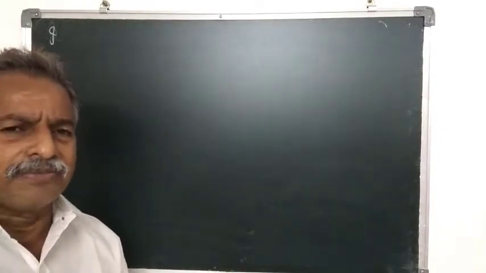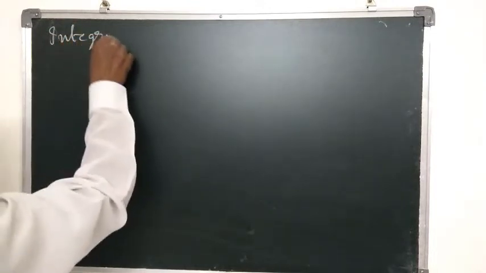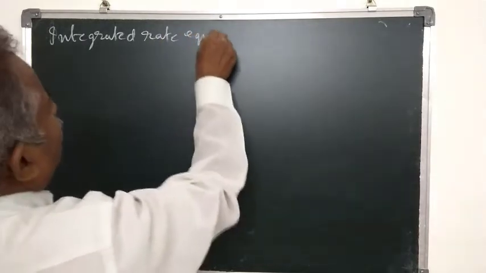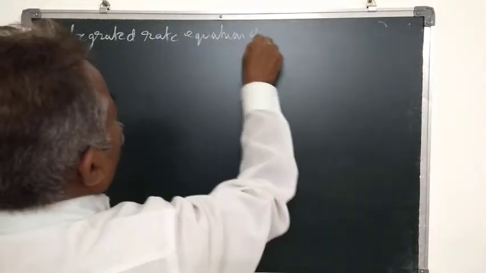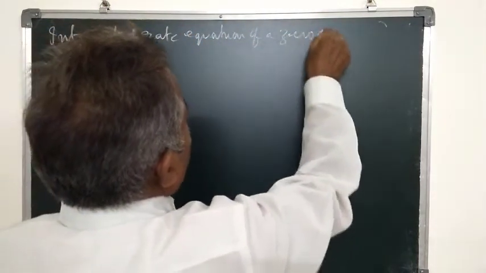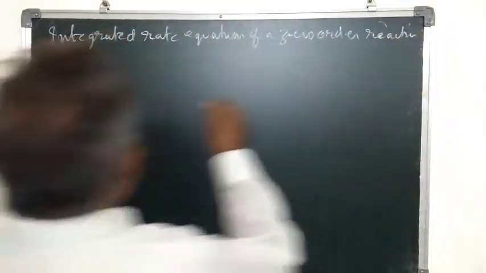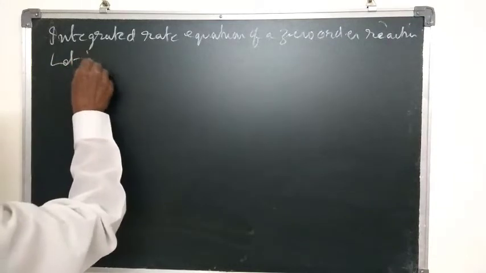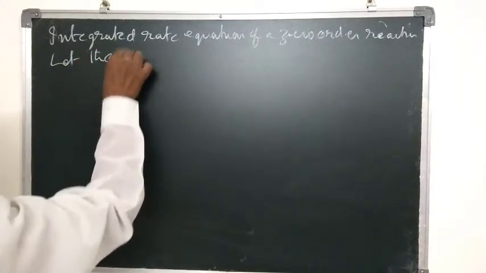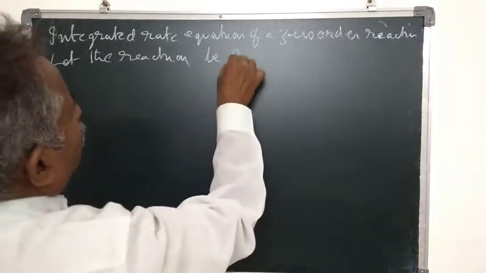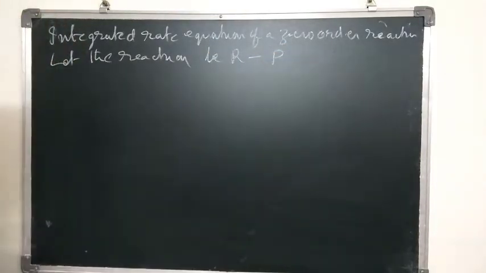Now let us discuss the integrated rate equation of a zero order reaction. Let the reaction be R gives products.